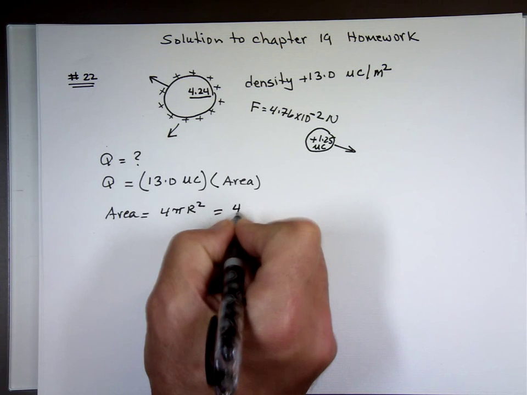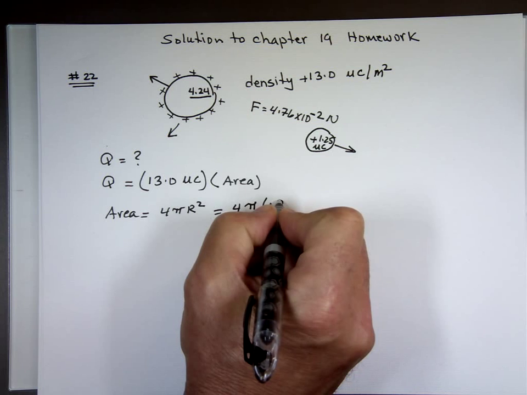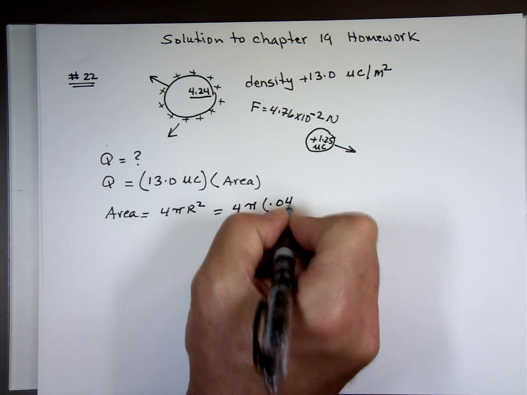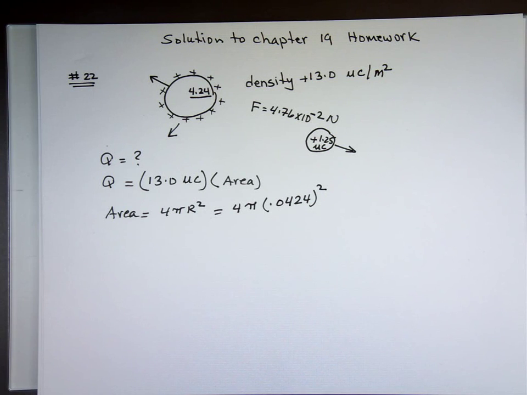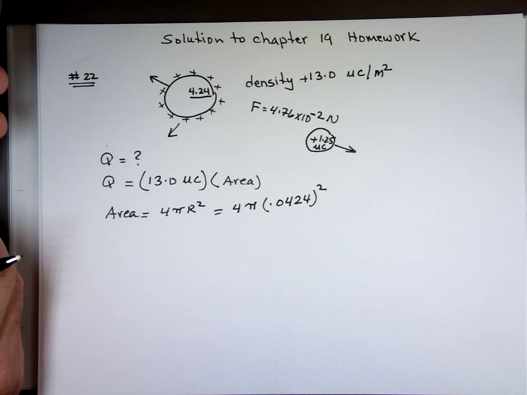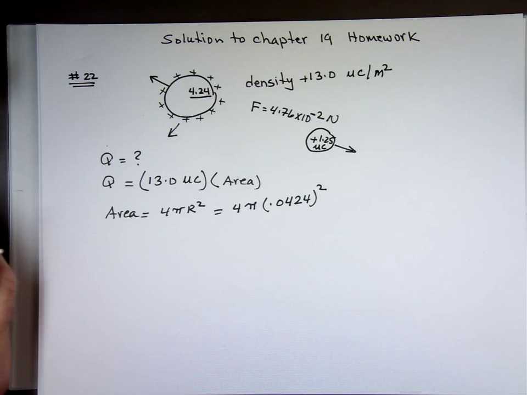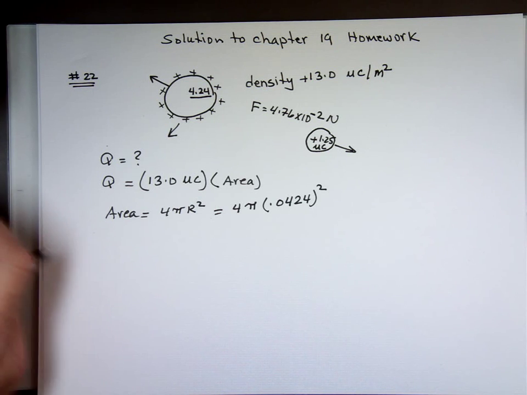So it's 4 pi, R is what? 0.0424 squared. 4 times pi times 0.0424 squared.